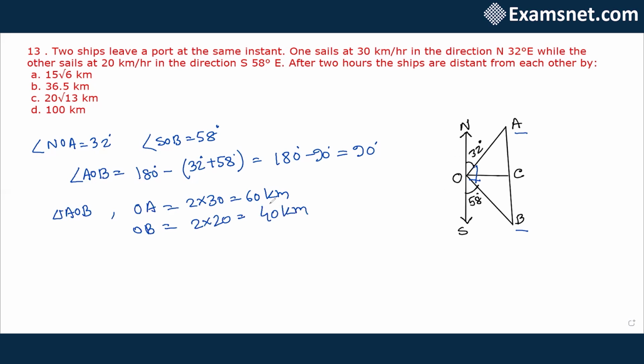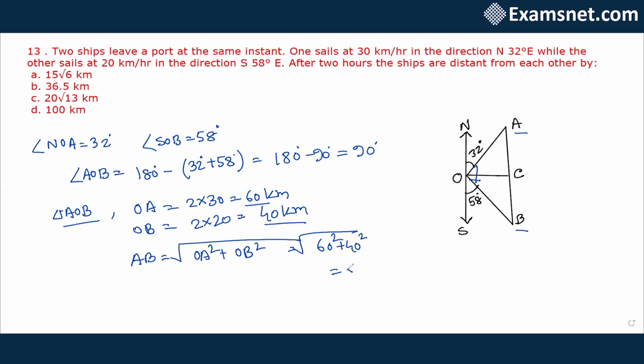Now, using Pythagoras theorem in triangle AOB, we can find the length of AB, that is under root OA square plus OB square, 60 square plus 40 square.